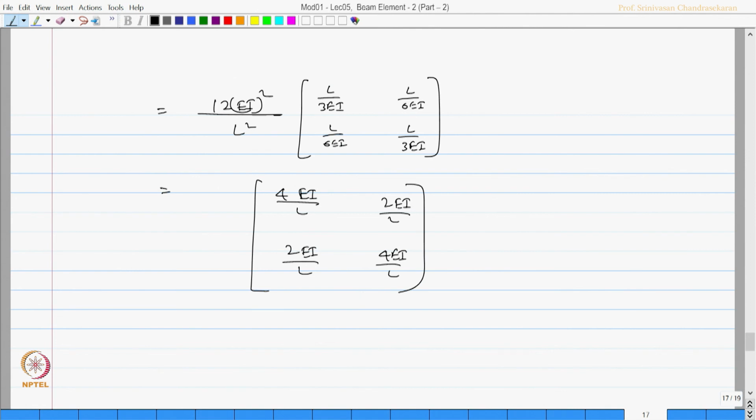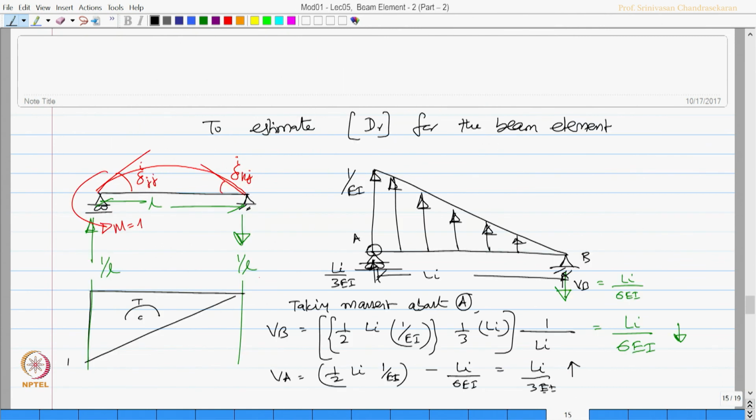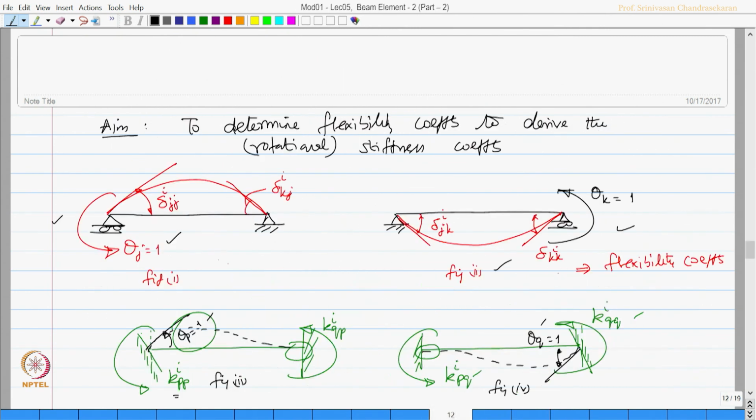So, now this is similar to PQ, which is 4EI by L, 2EI by L and 2EI by L and 4EI by L. So, friends, once we know this PQ, the remaining matrix can be taken as seen from this equation.